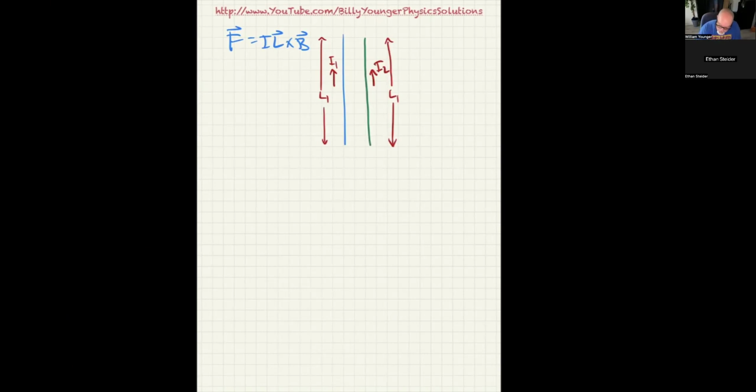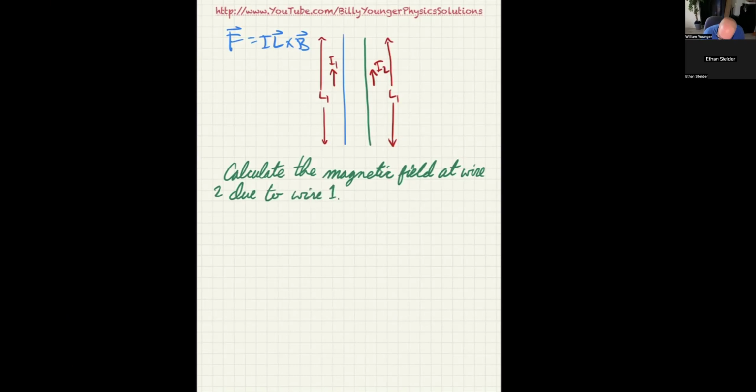So what I do is calculate the magnetic field at wire 2 due to wire 1. And what I'm going to have to add here is that this is a distance d apart. Okay.